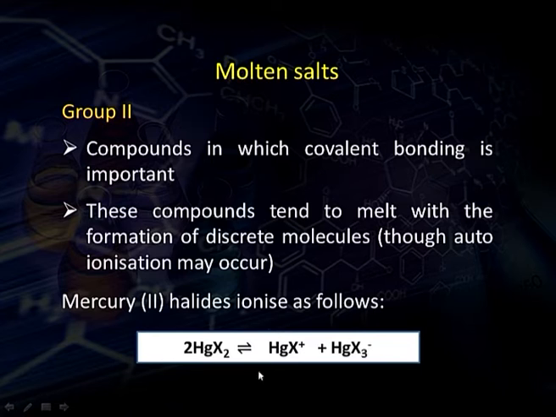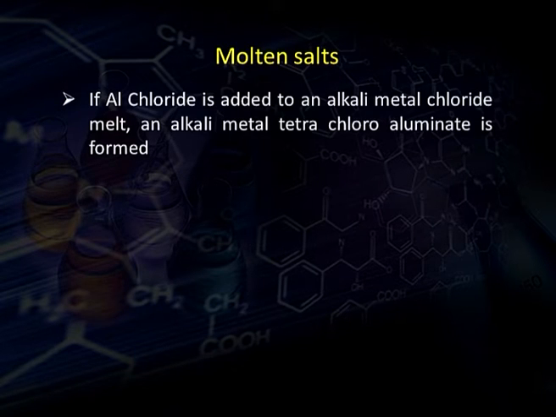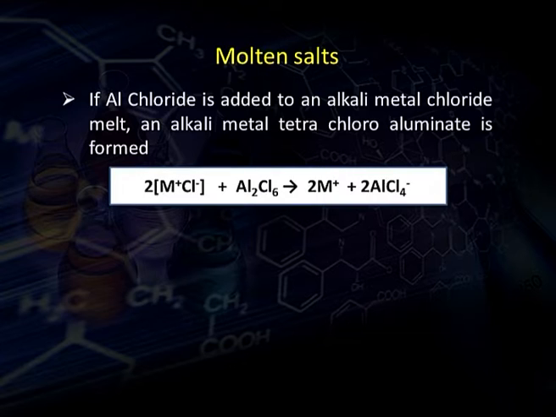Mercury halide ionizes as follows: HgX2 gives HgX+ plus HgX3-. So, this is the autoionization of the HgX2 molecule. If aluminum chloride is added to an alkali metal chloride melt, an alkali metal tetrachloroaluminate is formed.